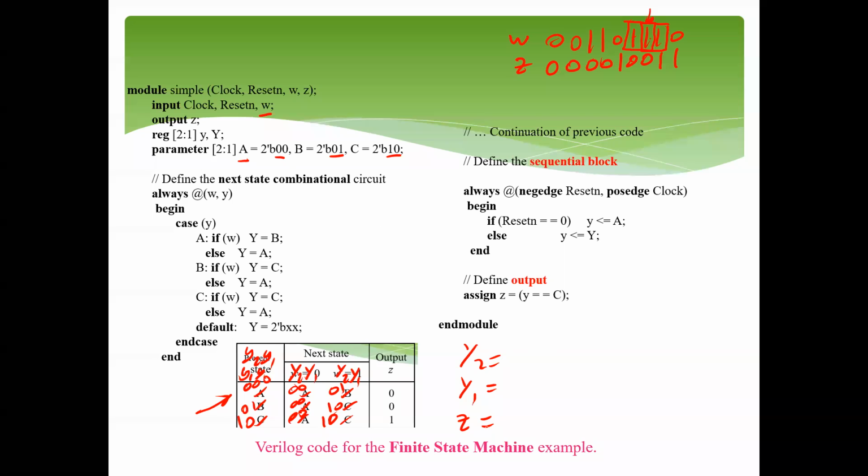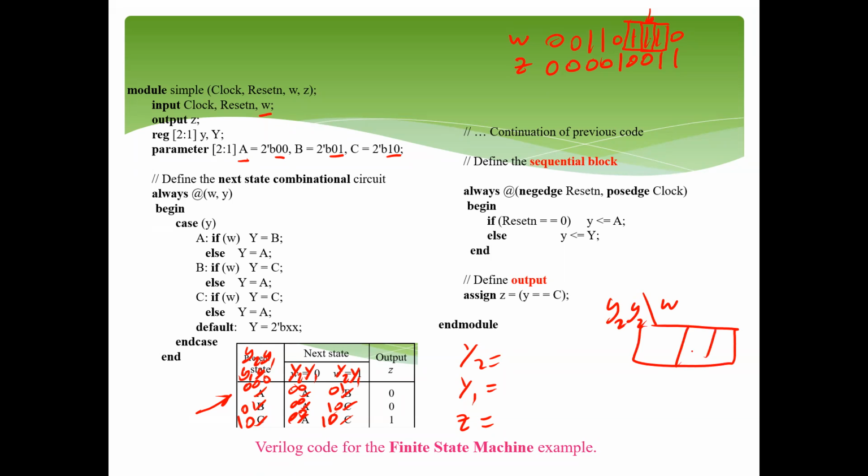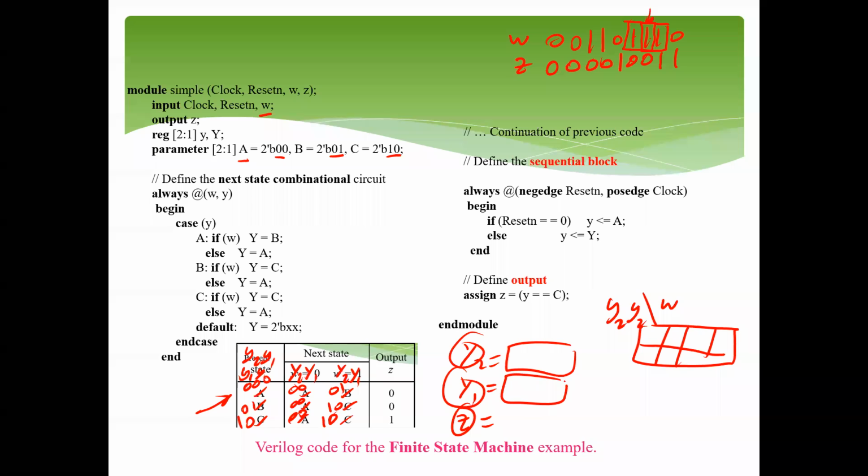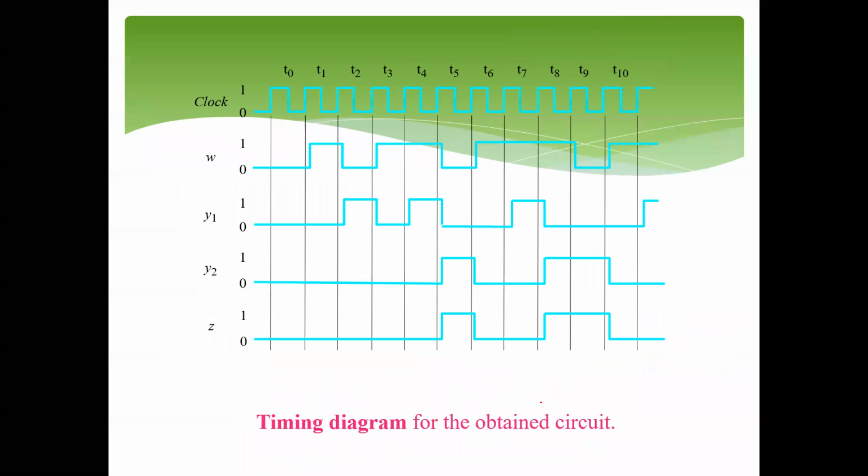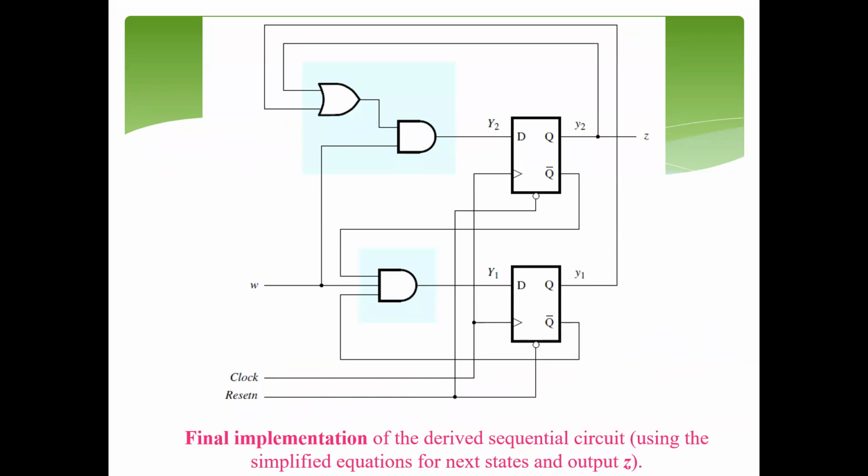Each K-map is a K-map of 3 variables, which is y2, y1, and the input W. So you make 3 K-maps, one for Y2, one for Y1, one for the output. You get some equation here. And from that equation, you can draw your final circuit. Okay.